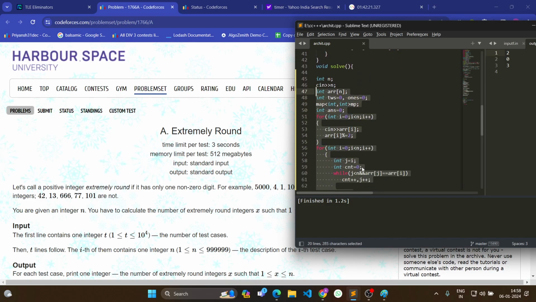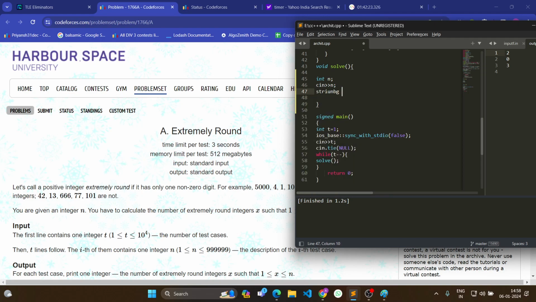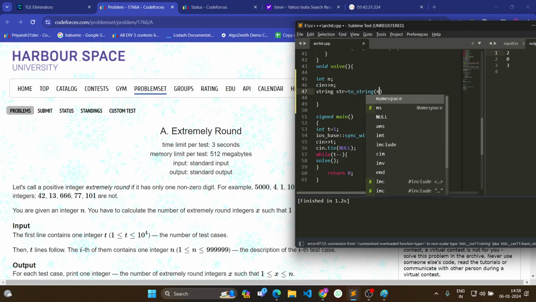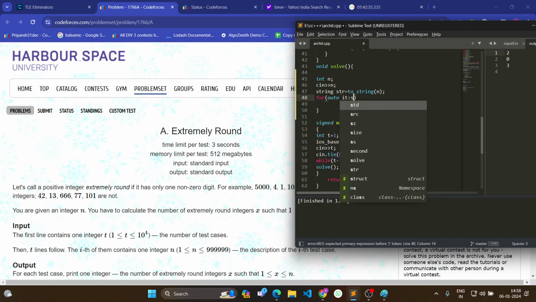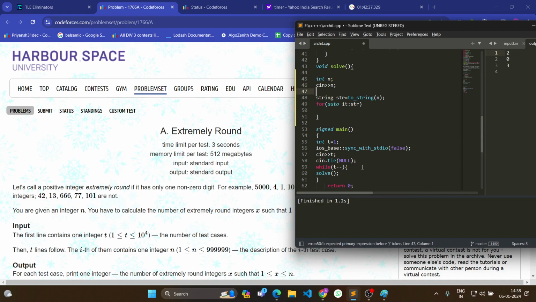int n, and basically let's convert it into a string, to_string n, and now I can iterate up to str. count equals to 0.